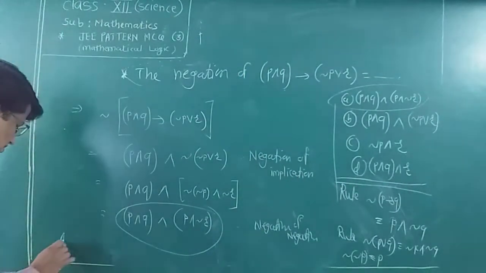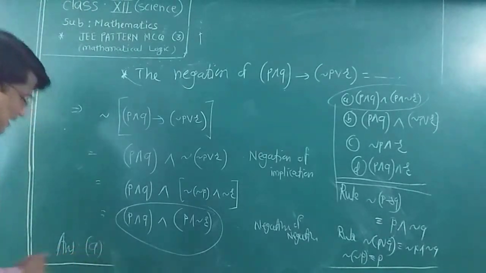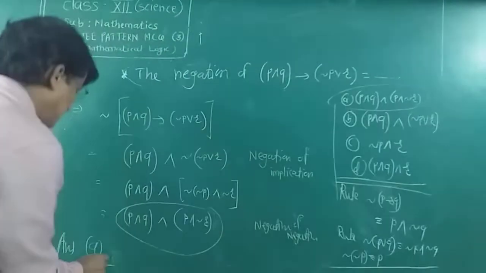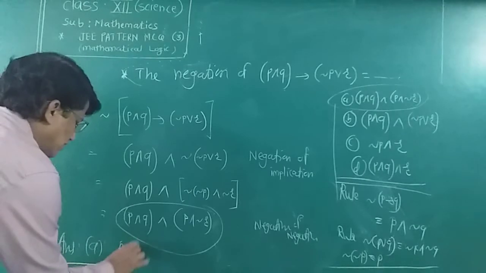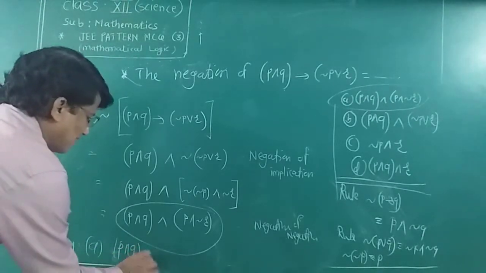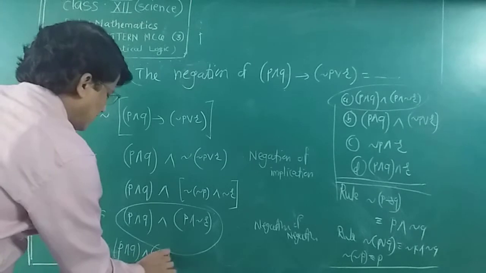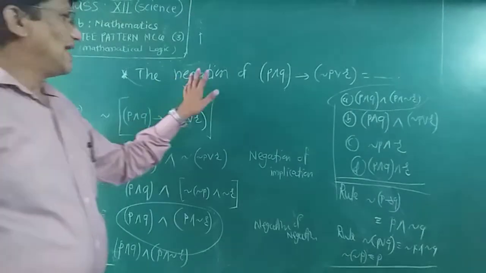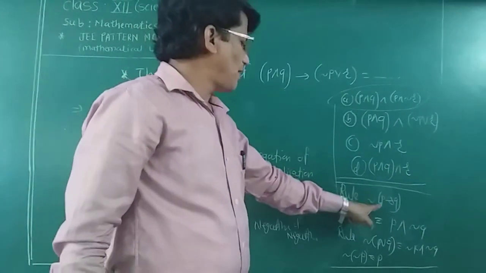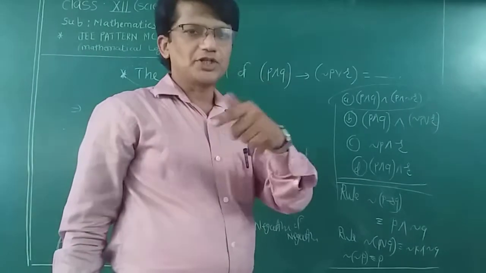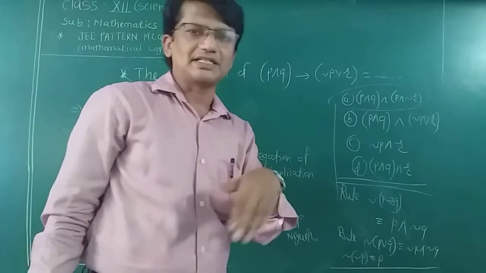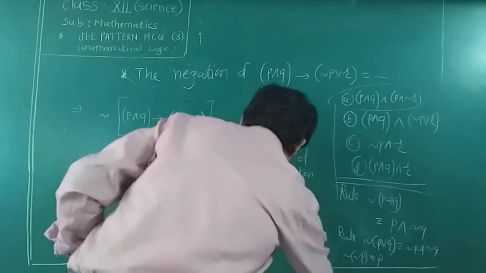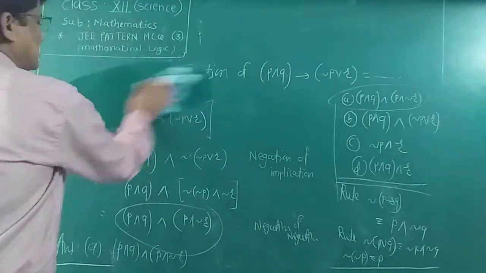Therefore, the answer of this question is option number A. Option A means P and Q, and with P and with negation of R. This example is totally different and based on these properties: negation of conjunction, negation of disjunction, negation of implication, negation of double implication, and negation of negation. So this example is also more important.